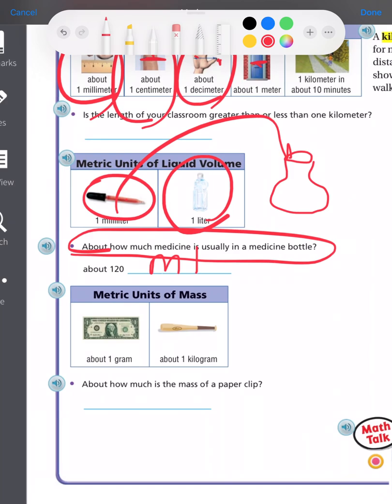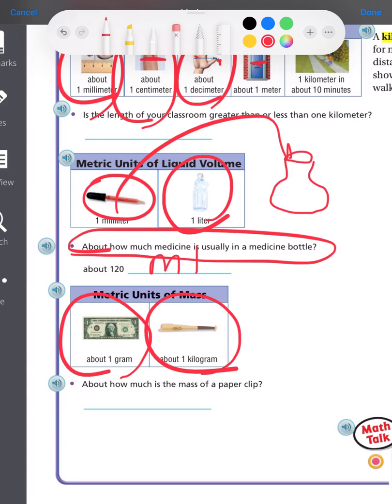Let's see, metric units of mass. You can think of mass like weight, and a gram in the metric system weighs about as much as a dollar bill, which isn't very much. I like to think of a paperclip as being a gram too. And a baseball bat. We were talking about the baseball bat before because we said that it was about the width of a yard.